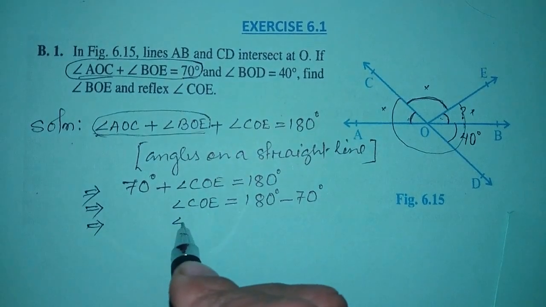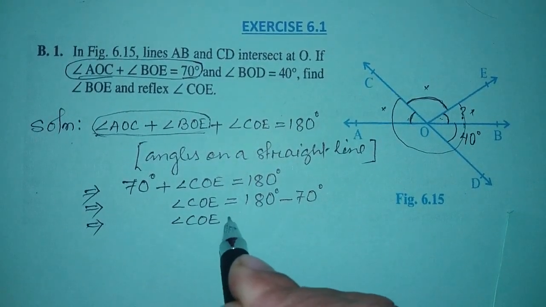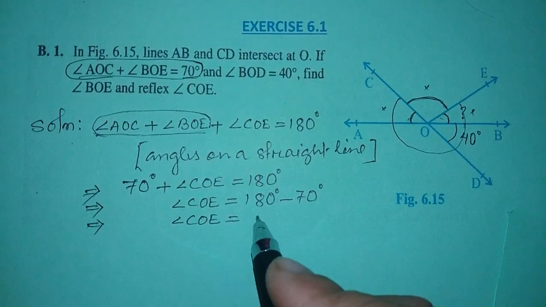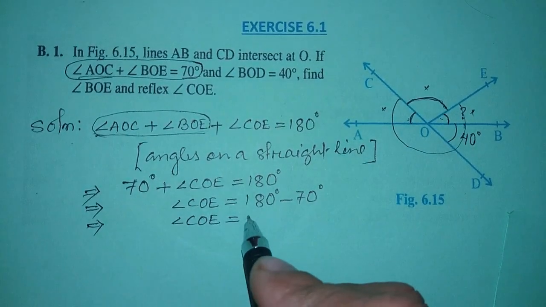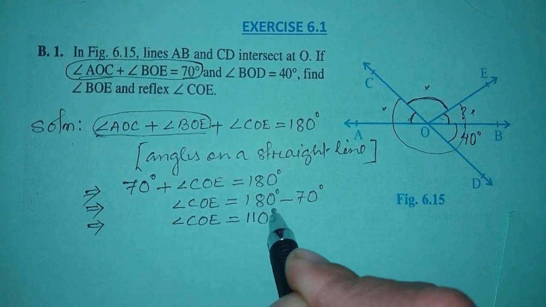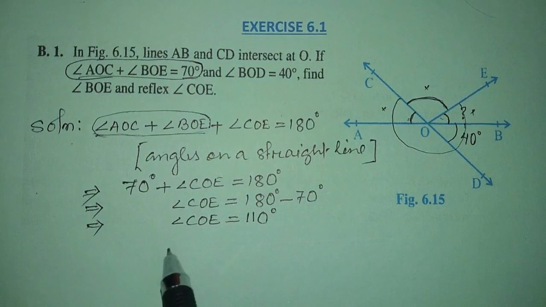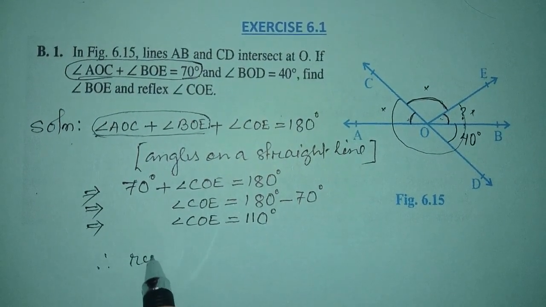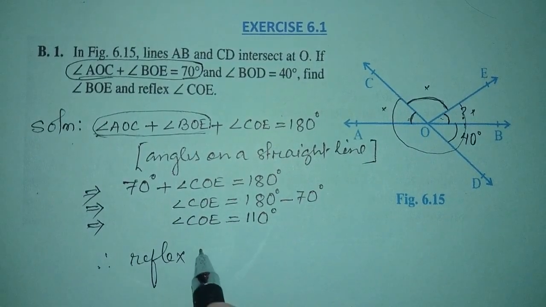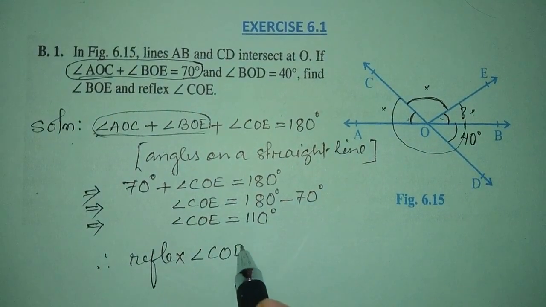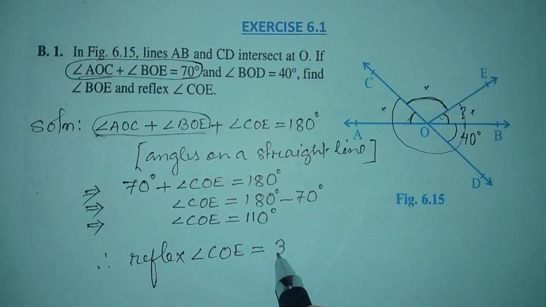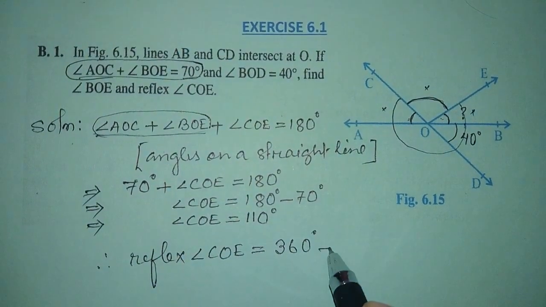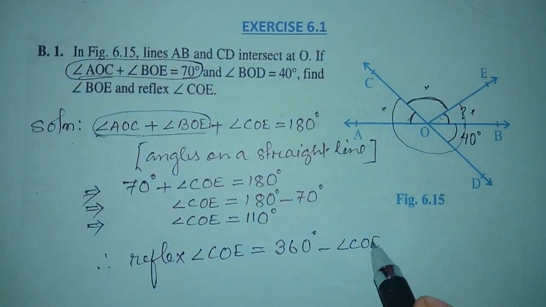After subtraction we get 110 degree. So reflex angle of this angle COE will be 360 degree minus angle COE.